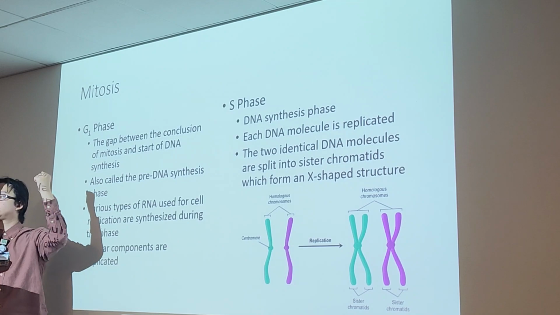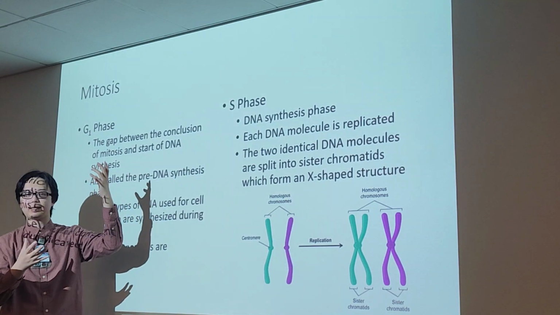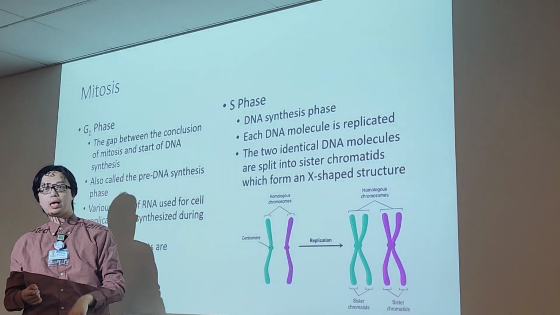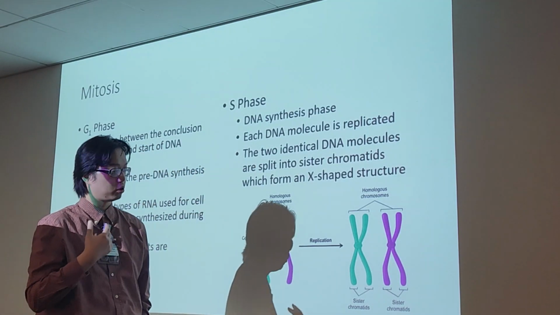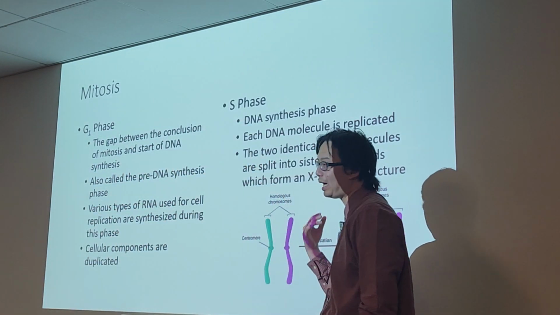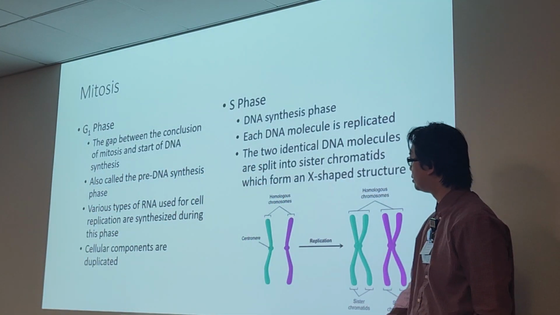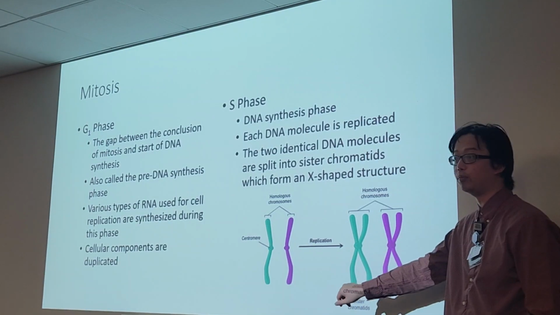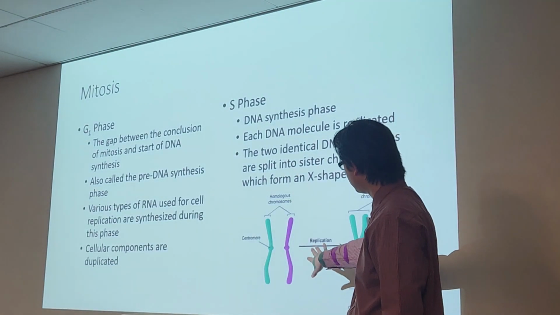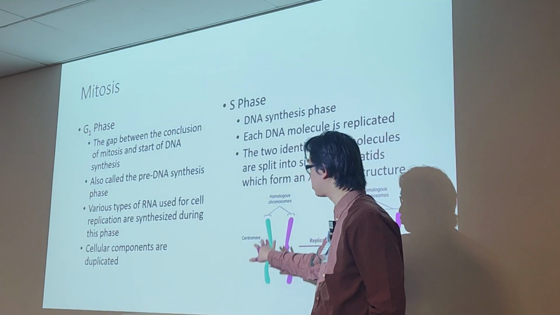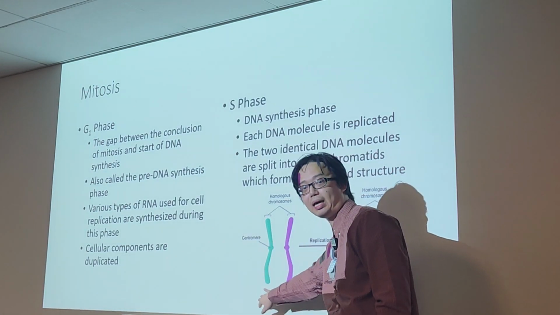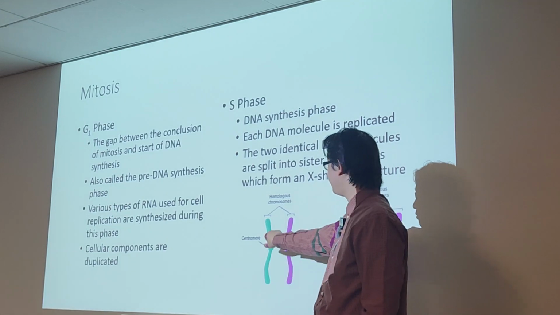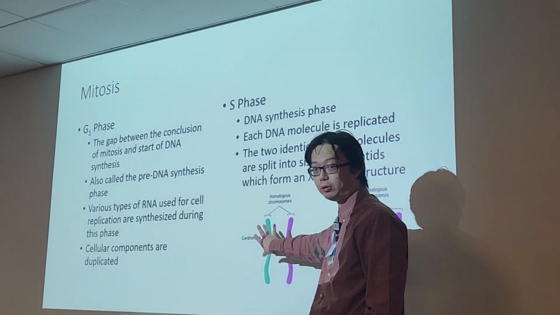So the cell is going to copy, line by line, every single base pair on that DNA and create a completely new chromosome that looks exactly the same. We call these our sister chromatids. Inside the cell, we have homologous chromosomes, basically one from the dad, one from the mom. So this is chromosome number 1, and I have a pair of chromosome number 1.